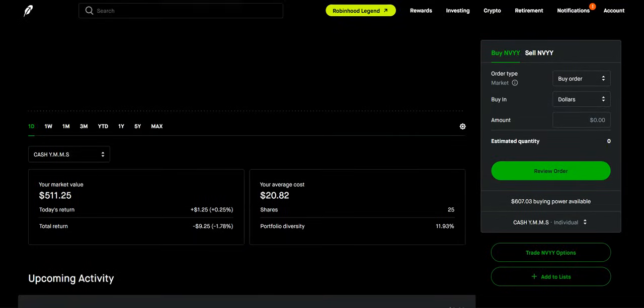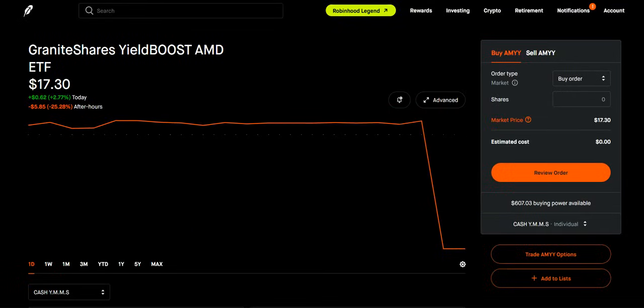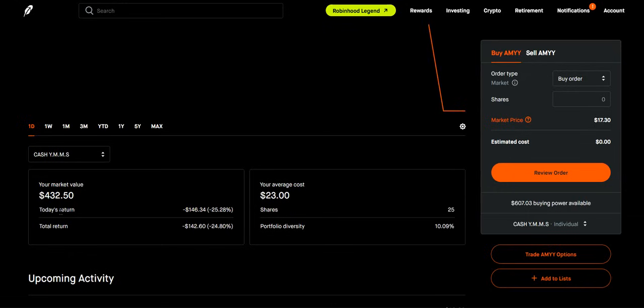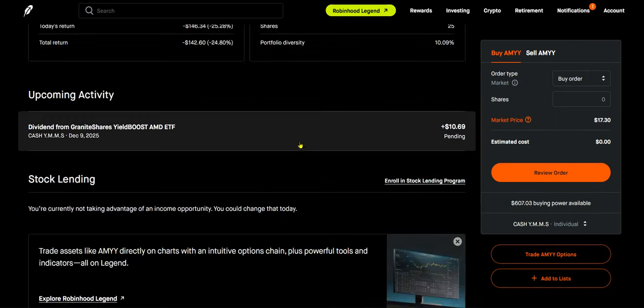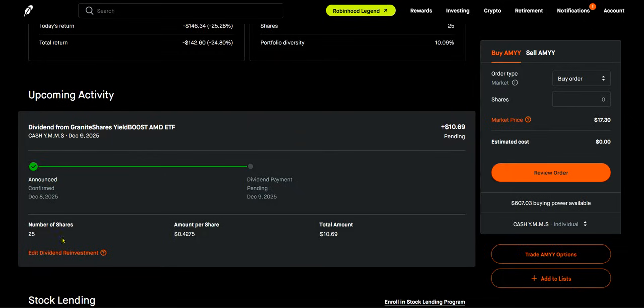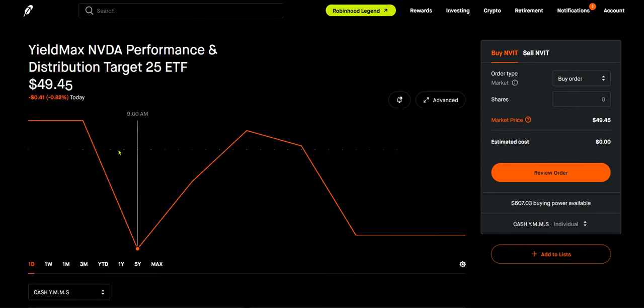Next, we got Granite Shares Yield Boost AMD ETF, $17.30. Our market value is at $432.50. We're down $142.60 for an average cost of $23. We also got dividends pending for this, so 25 shares at 43 cents gives us $10.69.